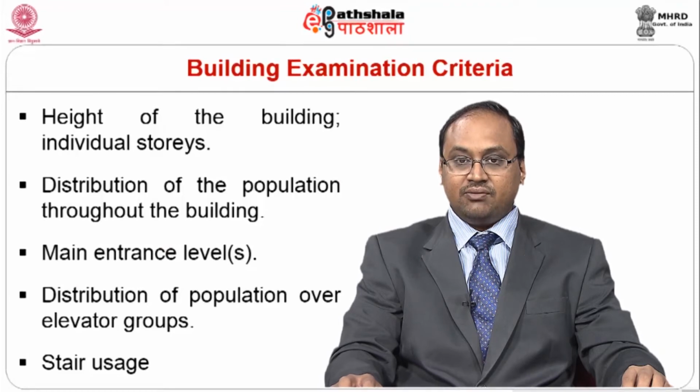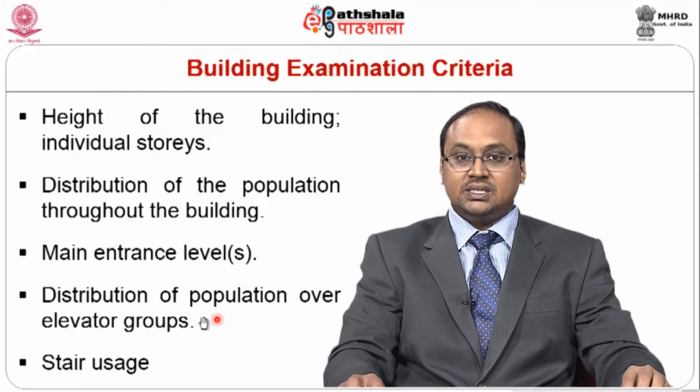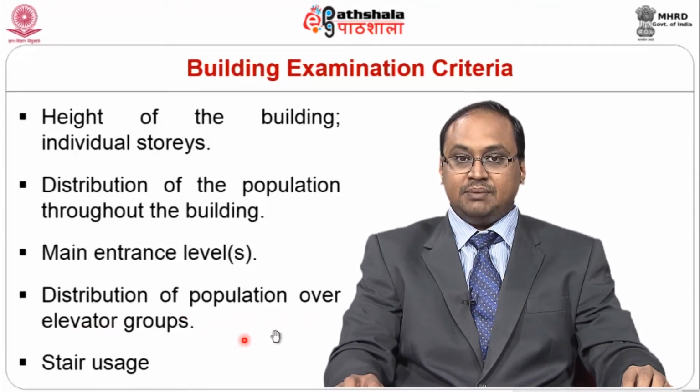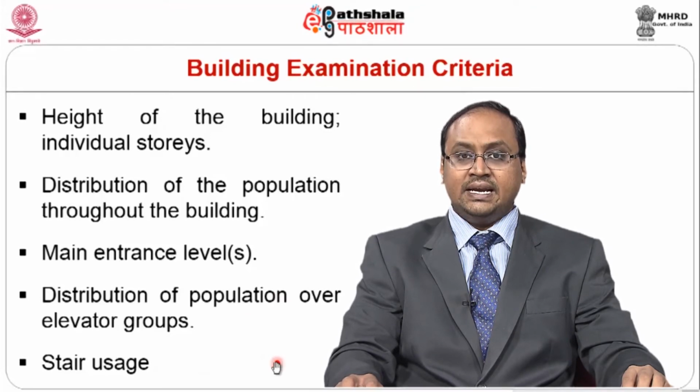Is it at the ground level or is it at a higher level or somewhere else? Distribution of population over elevator groups, depending on the usage of the entire building. Stair usage, so we should have a certain idea of the usage of stair versus elevators. That will help us in defining the lift capacity and various other factors.